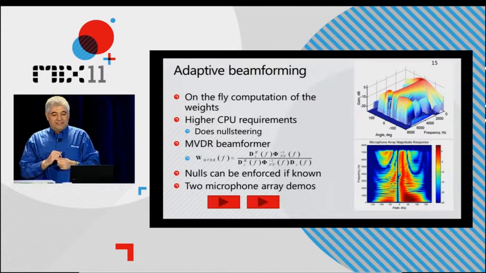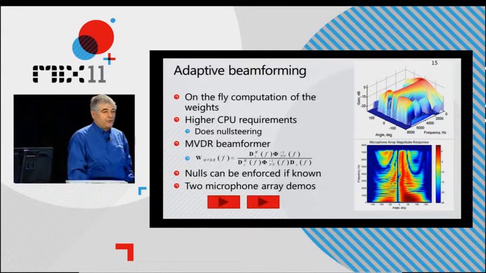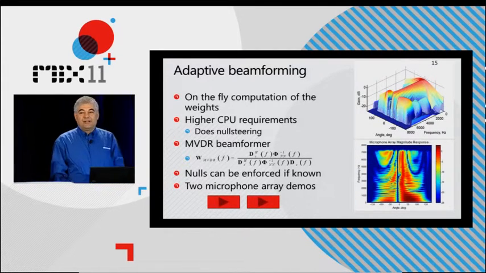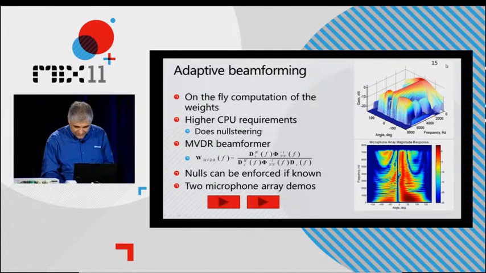Let me show some charts here. In the upper right corner, you have a so-called directivity pattern of the microphone array of Kinect. Where is my cursor? Okay. So this is the direction, and this is frequency.